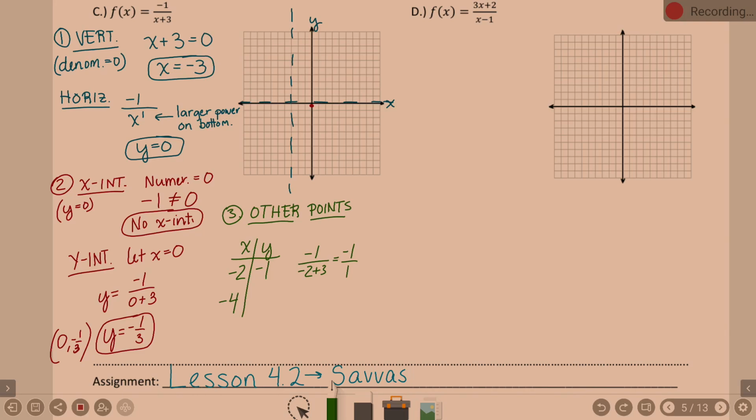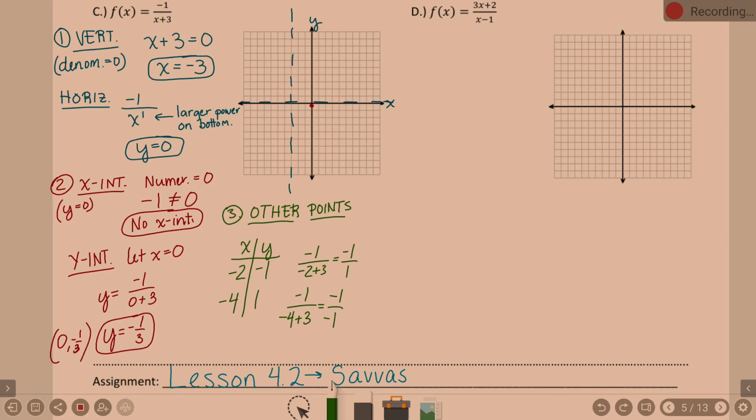And then put in -4. -1 over -4 plus 3. -1 over -1, which is +1.